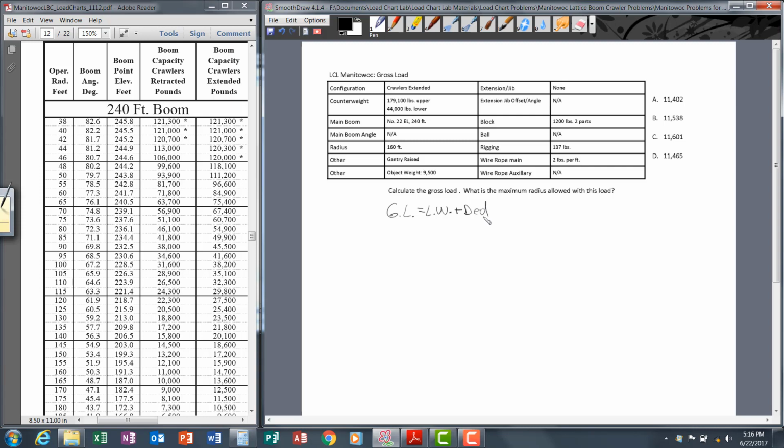As far as finding the answer, it's a very similar method you should use. Go ahead and draw your diagram. We've got 240 foot of boom. You've got a 160 foot radius. There's no jib. There's a block that weighs 1,200 pounds.